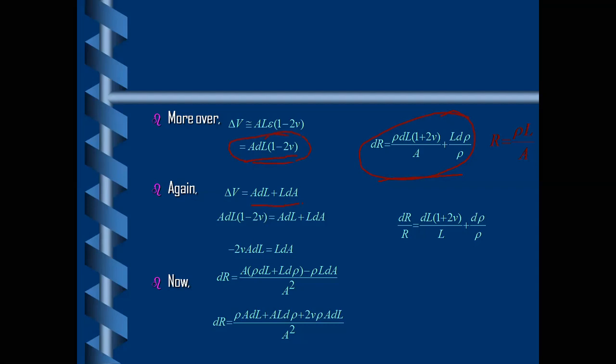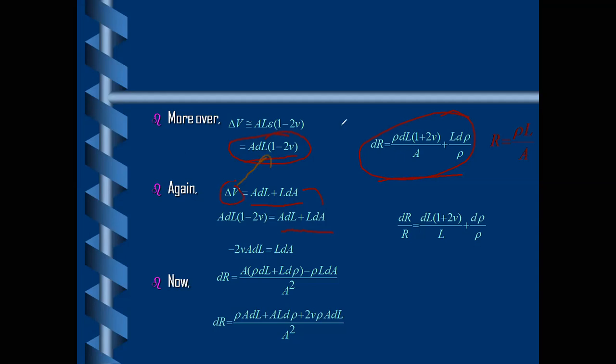Now what we have done, we have kept this particular terminology similar to that of the above one. Only what we have changed is this delta V, and we have collected that delta V from this one.